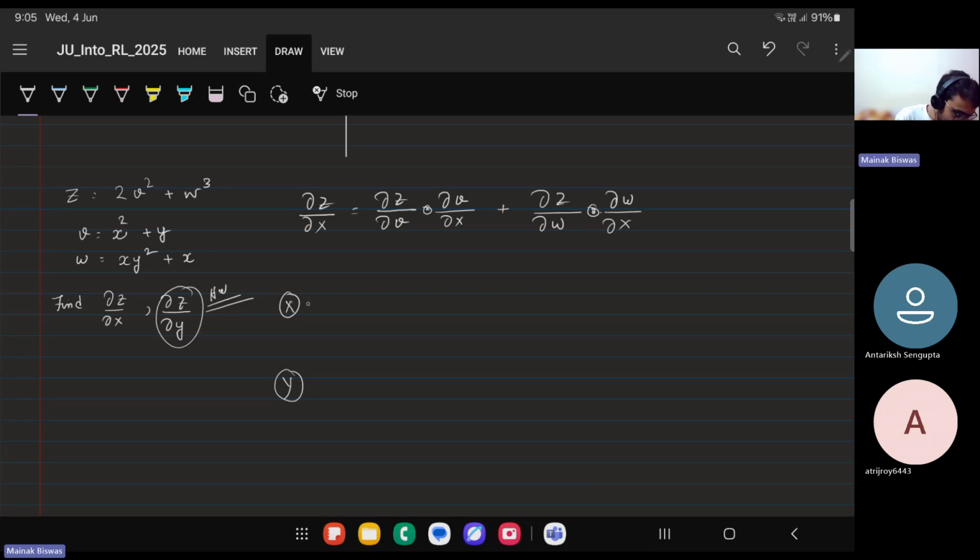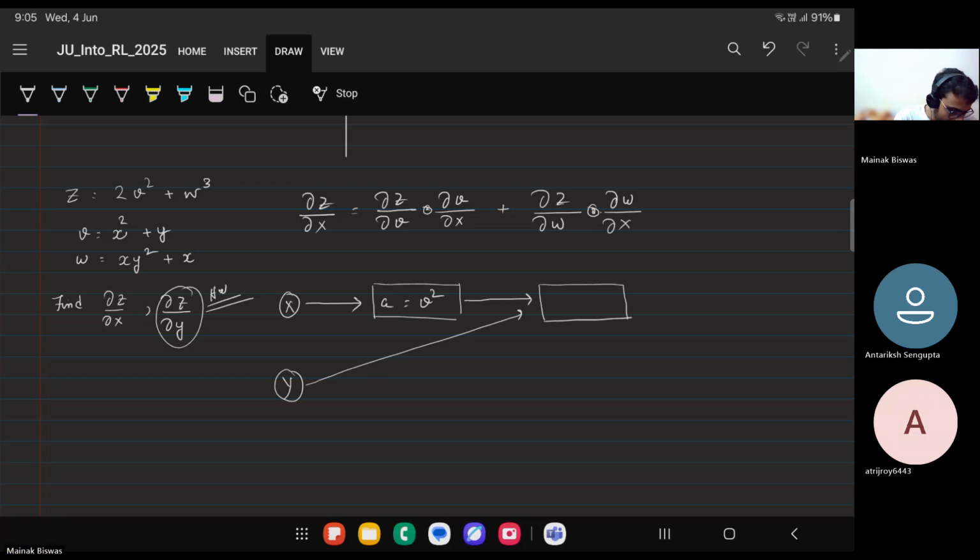So your x, first of all, gets converted to, say, a equal to x square. Then a equal to x square and y gets added into, sorry, very, very sorry, to get v equal to a plus y, isn't it?